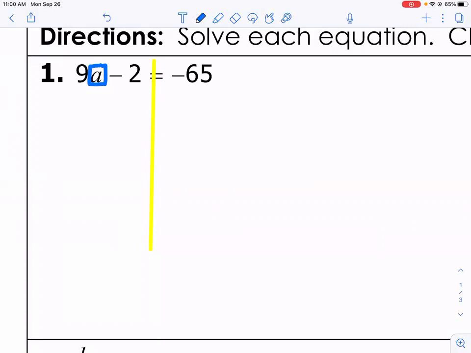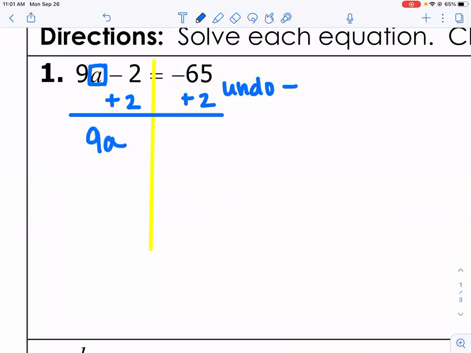Okay. So since we are subtracting 2 from 9A, Ryan, what are we going to do to both sides? I disagree. Okay, now we need to undo our subtraction. So since we're undoing subtraction, we are going to add 2 to both sides. Okay. So we have 9A is still there.